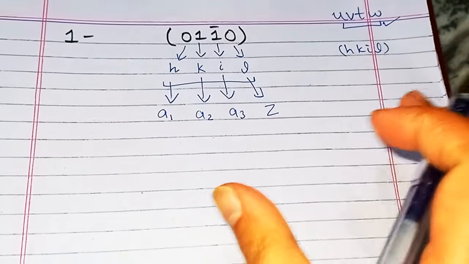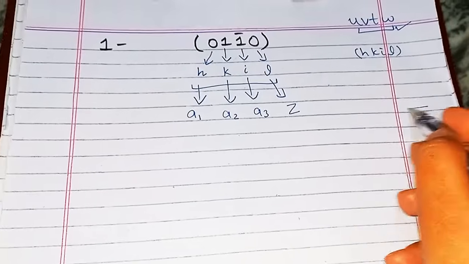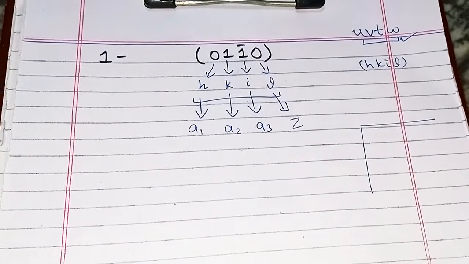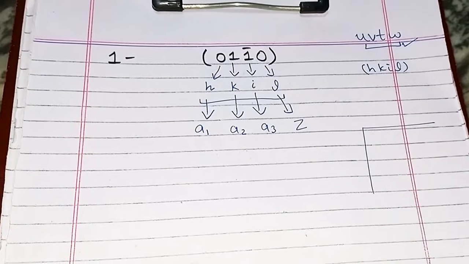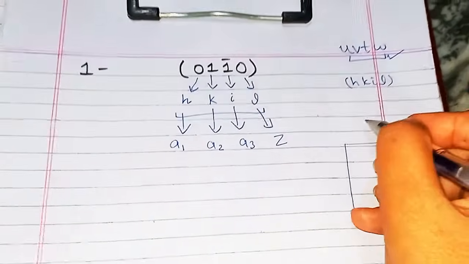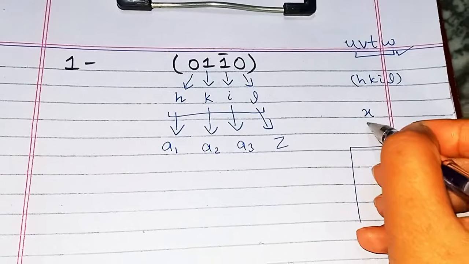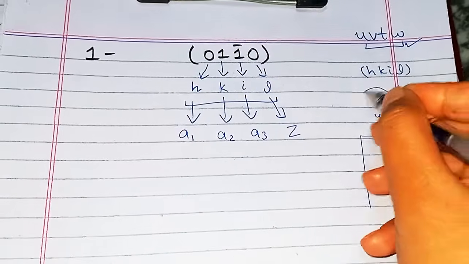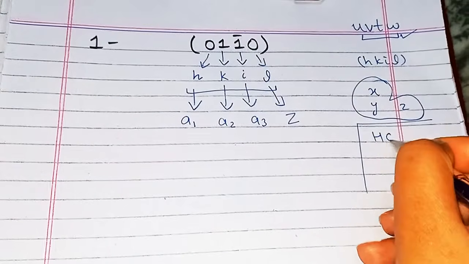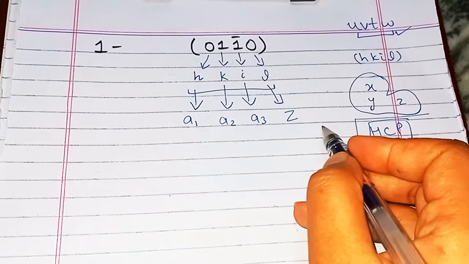Let me tell you that in HCP we use a different coordinate system than the one that we use in daily problems. We are familiar with the x-axis, y-axis, and z-axis, but in HCP specifically, we use these coordinate axis lines.